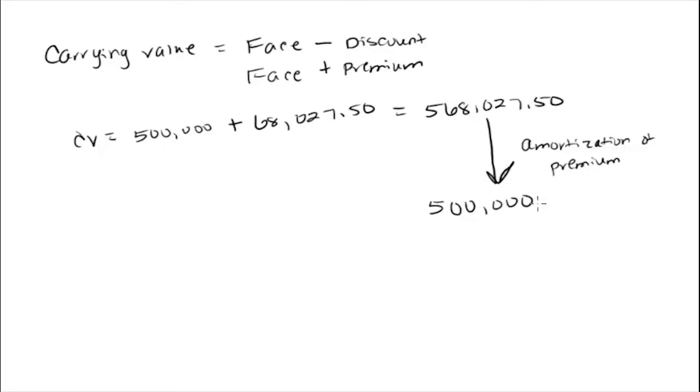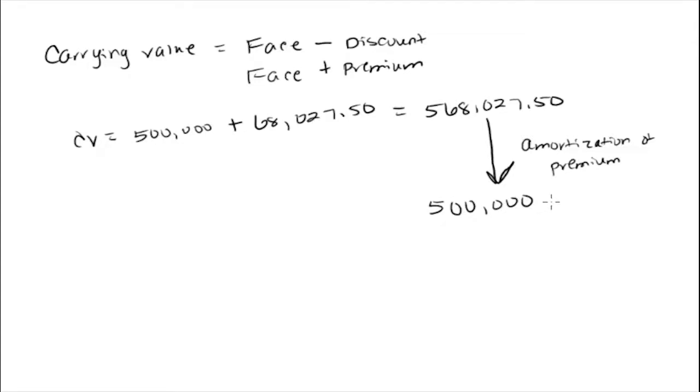You can have gains and losses on bonds. Again, we won't get into that detail right now, but if you fully mature, you fully amortize the discount or the premium, then you'll get back to your face amount.